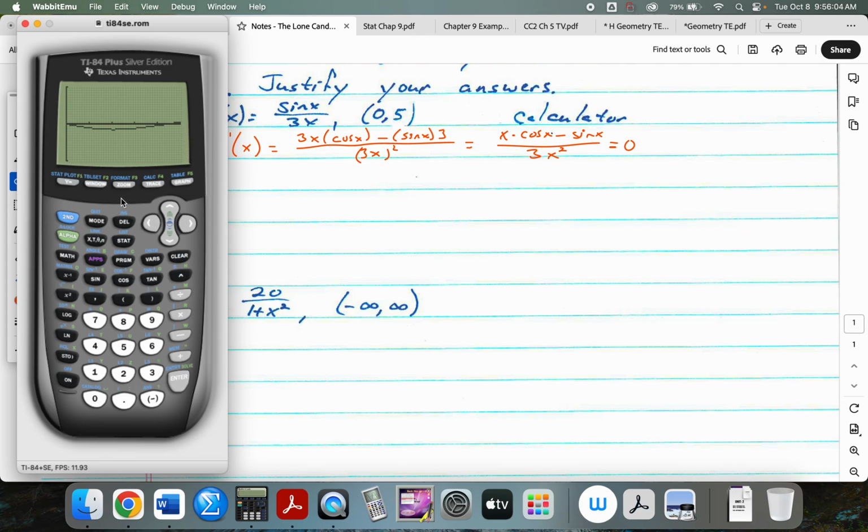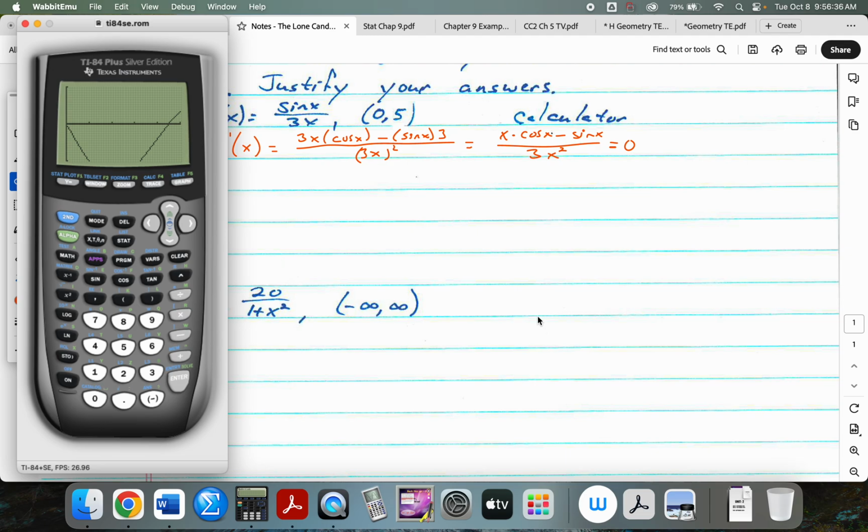So I'm going to tighten up the Y window even more just to make sure that what I thought I saw is what I actually saw. So negative 0.1 to 0.1 by 0.1. This should be a bit more dramatic. So it looks like that.